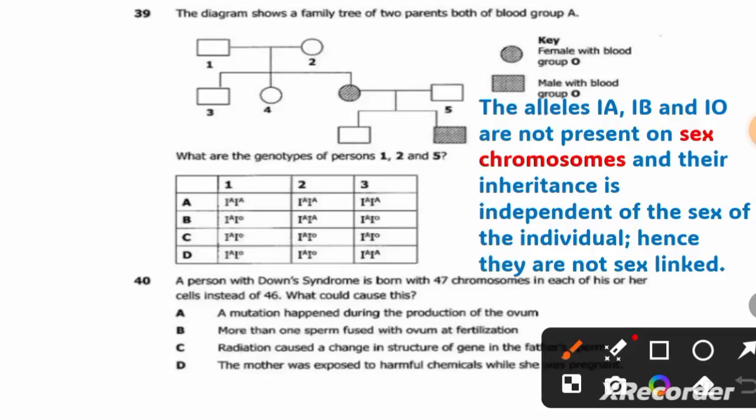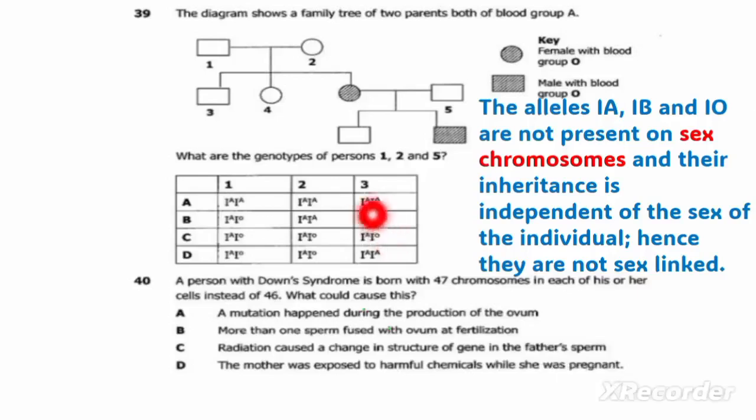So there was a mistake when constructing this question. Here we're supposed to have 5. So the question has been asked, what are the genotypes of persons 1, 2, and 5?